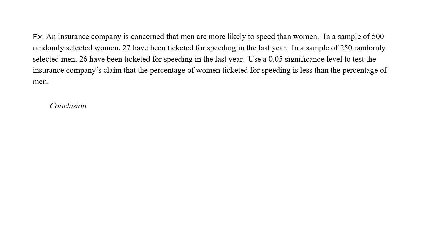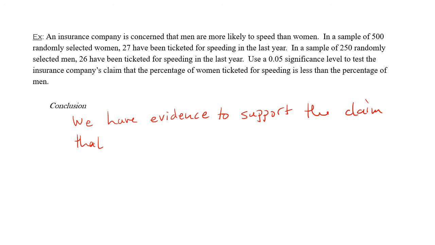In the original claim, we were saying that the proportion of females that receive speeding tickets is less than the percentage of men. And in this case, since we were able to reject the null hypothesis, we have evidence to support that claim, that P1 is less than P2.